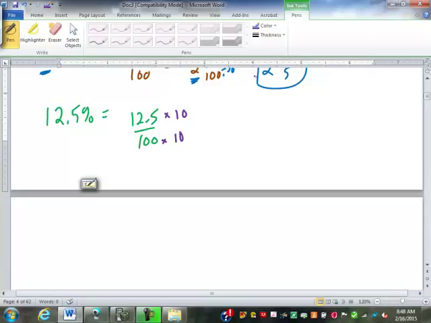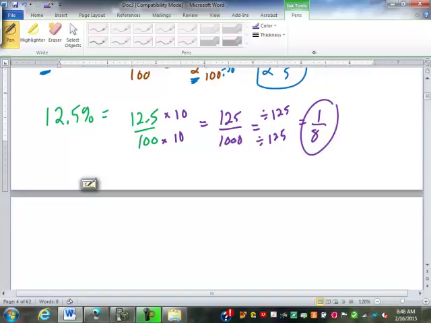If it was 2 decimal places, we'd multiply by 100, and so on. So that becomes 125 over 1,000. And of course, both of those can be divided by what? Actually, both can be divided by 125. It's 1/8. Very good.